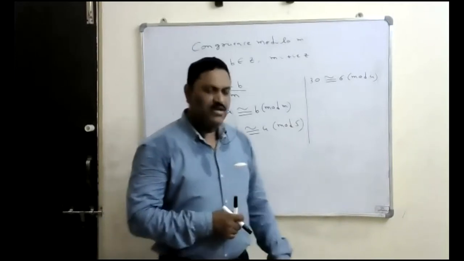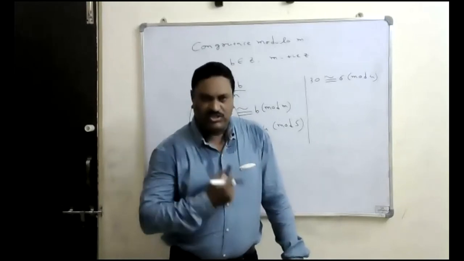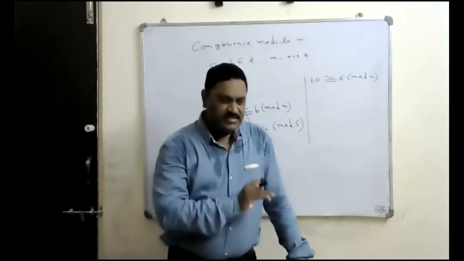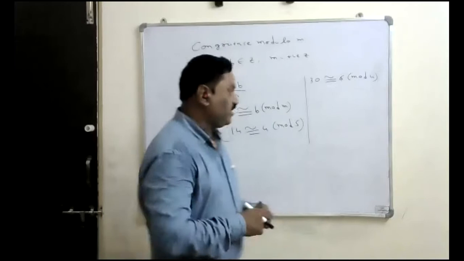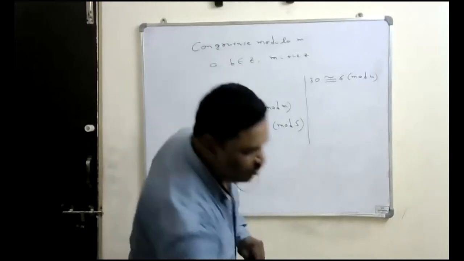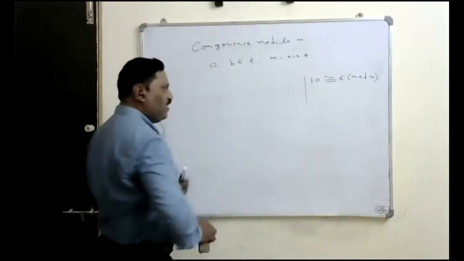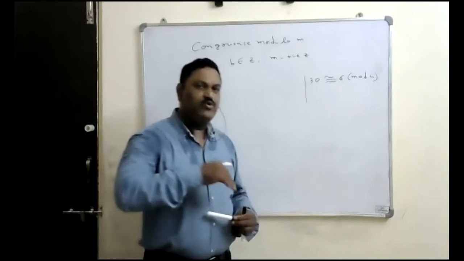Now we will see which relation this function satisfies, whether it is reflexive, symmetric, transitive, or whether it is an equivalence relation or not. That we will check. First we'll check for the reflexive relation. Reflexive means every element should be related to itself.